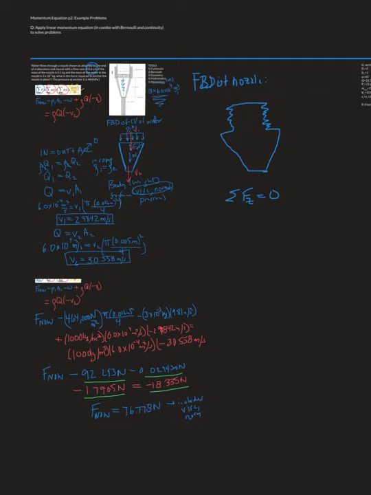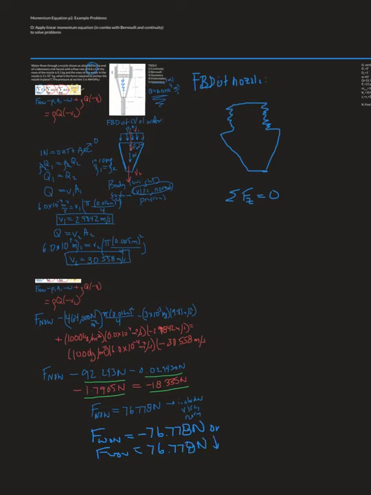This is the force of the nozzle on the water. This means that the force of the water on the nozzle is going to be negative 76.778 newtons, or force water on nozzle equals 76.778 newtons downwards.